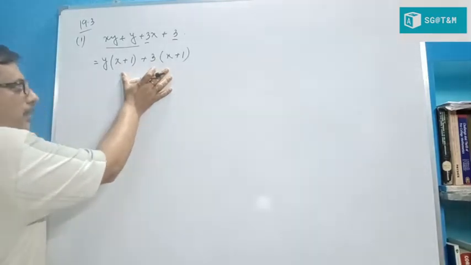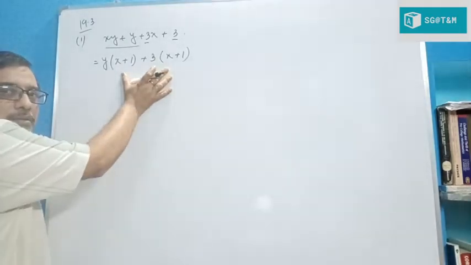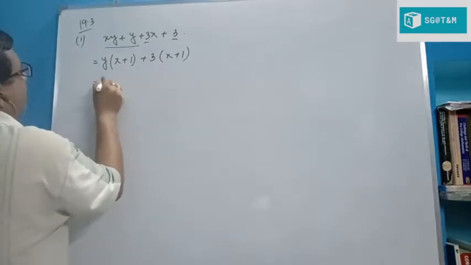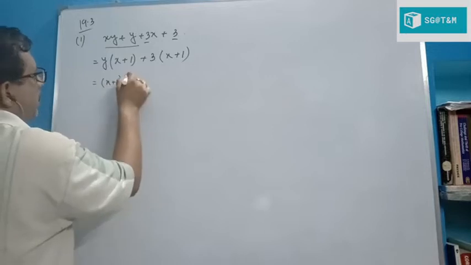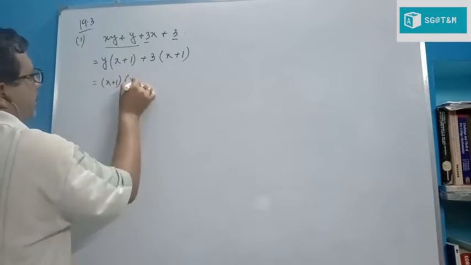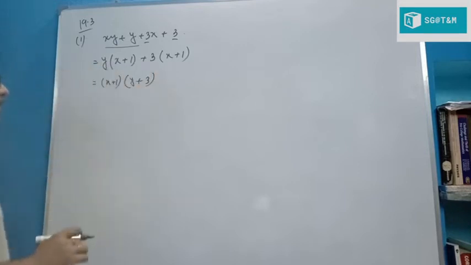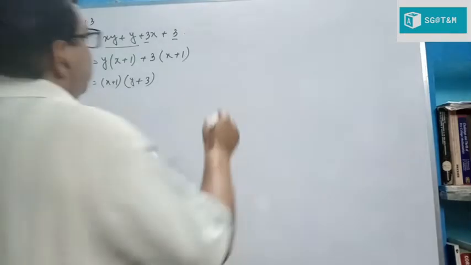Yes. x + 1 is common. Taking x + 1 common from both, the remaining is y from the first and 3 from the second, with a plus between. So, resolving into factors, the required factors are (x + 1) into (y + 3). Next, sum number 2.